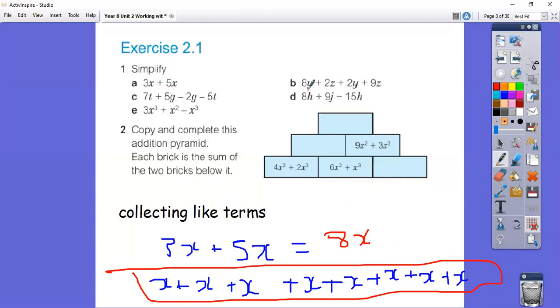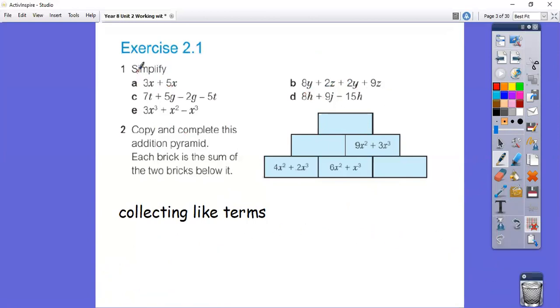Part B, you've got 8y plus 2z plus 2y plus 9z. So again, remember, when you're simplifying, collecting like terms, you're basically putting the same creatures together.